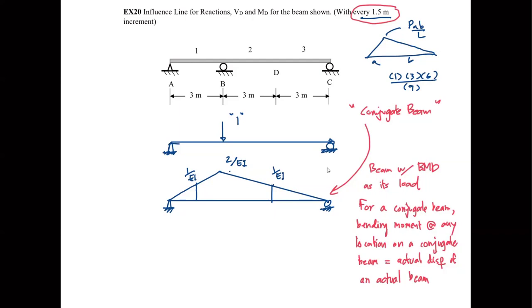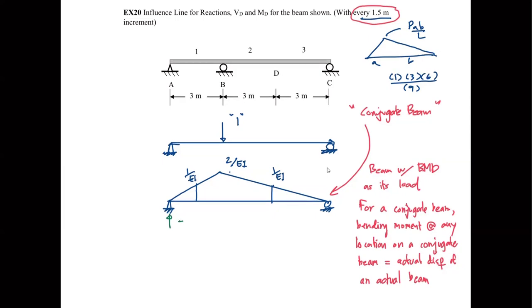And you can take moment and you see that the reaction here will be equal to 5 over EI. And here is 4 over EI. Cool. Okay, 5 over EI and 4 over EI. It shouldn't be difficult, right? You break the big triangle into 2 small triangles and take moment.